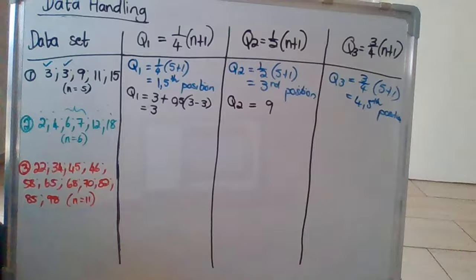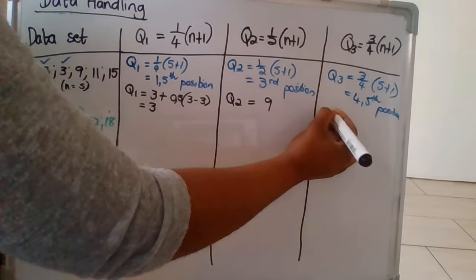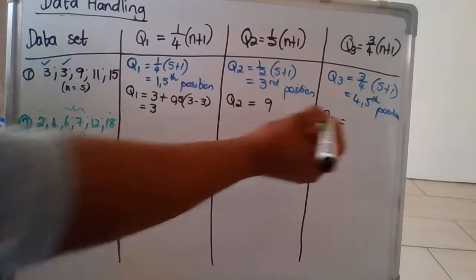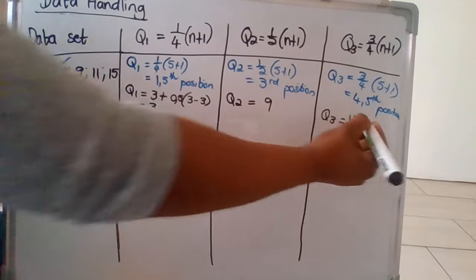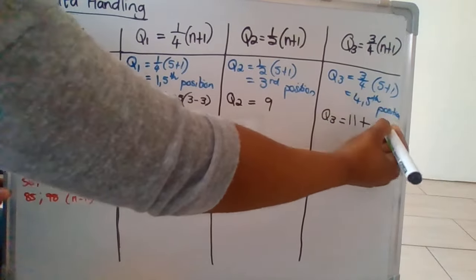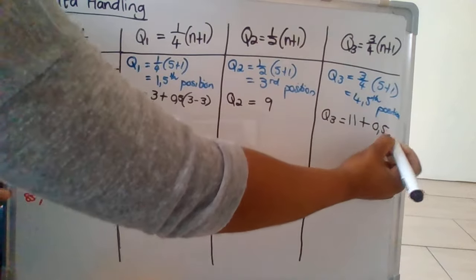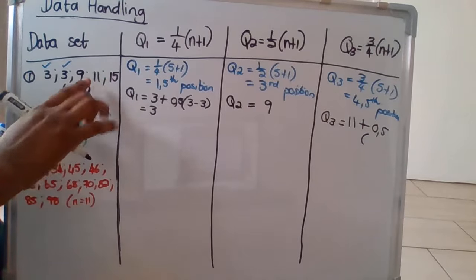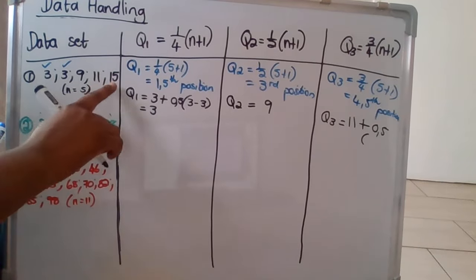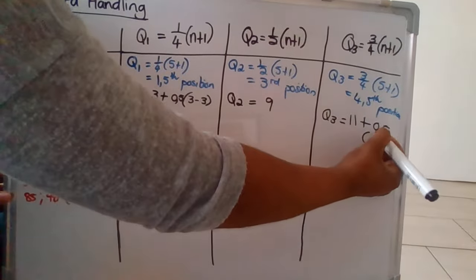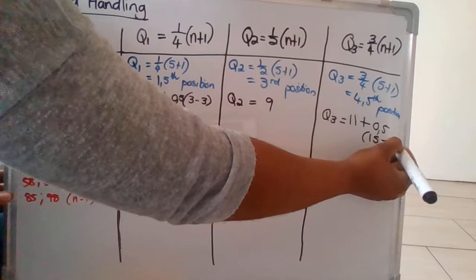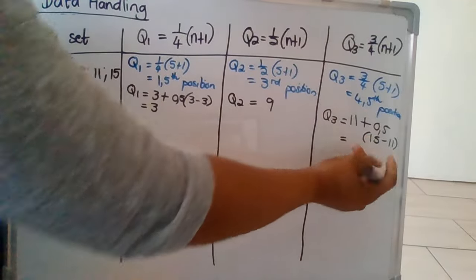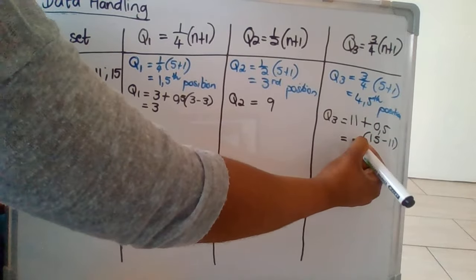So my Q3, how I'm going to calculate it now is I go to the 4th value, which is 1, 2, 3, 4, which is 11, plus when I take away 4 here, I'm left with 0.5, and I multiply by the difference between the value in the 4th position and the value in the 5th position, which is 15 minus 11. So now it tells me that my upper quartile is 13.